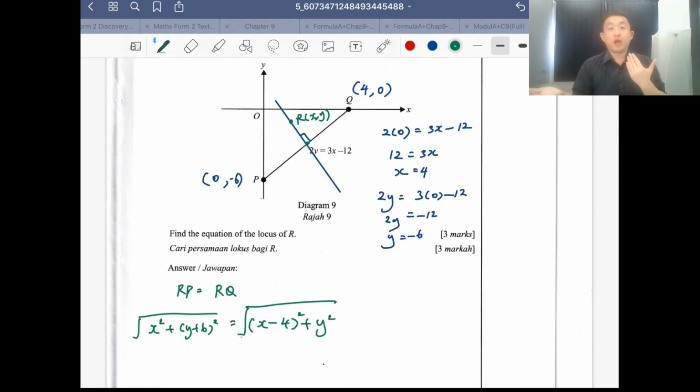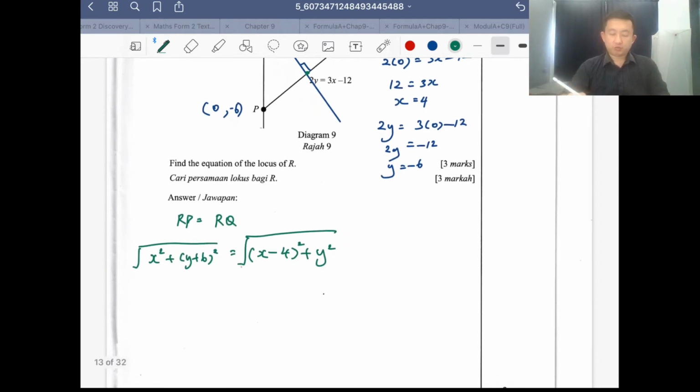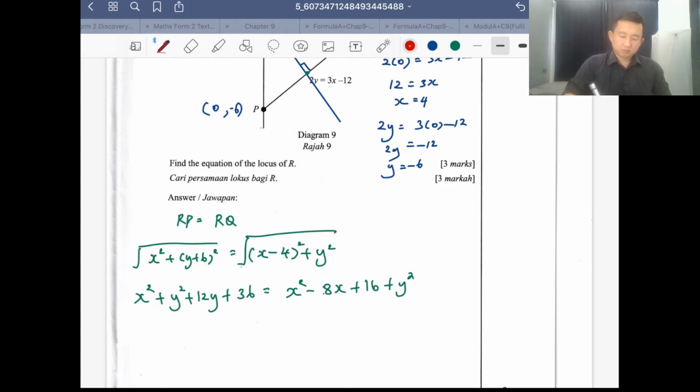Both with a square root, you can ignore it, or you can square both sides. Cut off, cut off. You don't have x squared and y squared because it's a straight line.